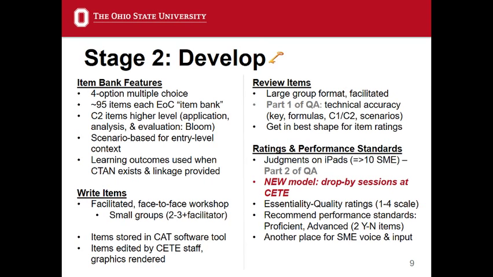We ask for a rating of item quality, talking about the scenario, stem, options, and illustration. We ask for a recommendation for performance standards, proficient and advanced. Those are both passing, but proficient is a little bit lower than advanced performance on the test. This is another place for subject matter expert voice and input.